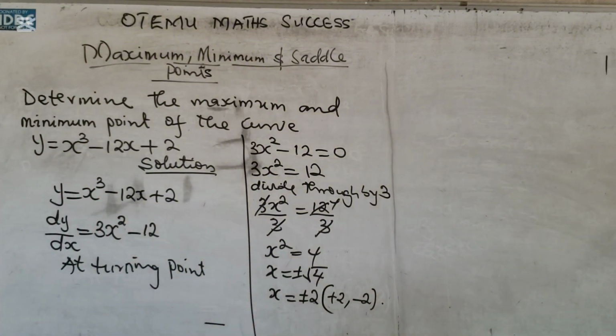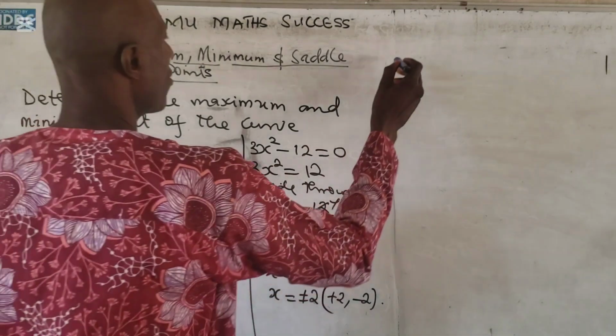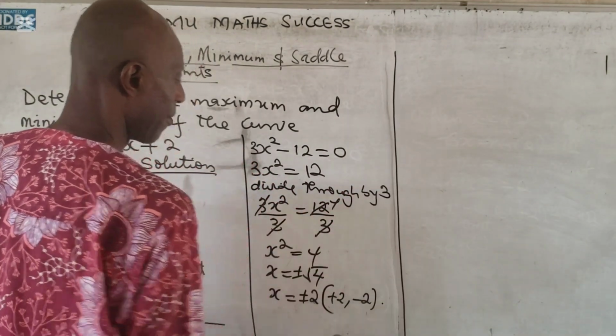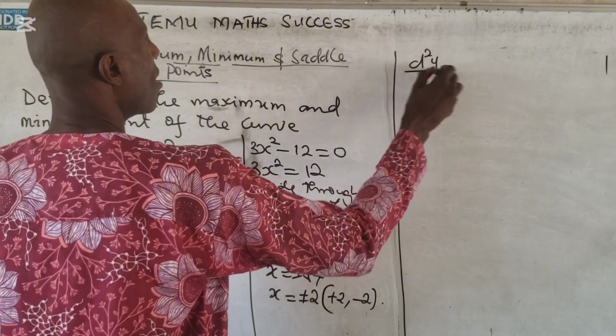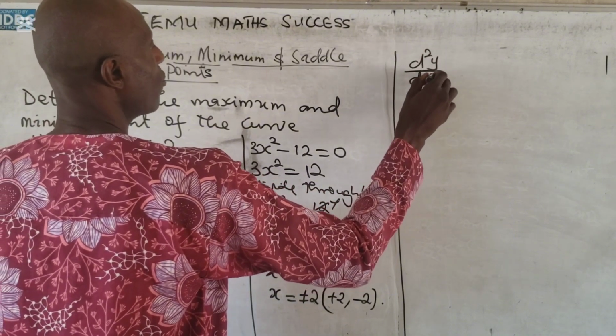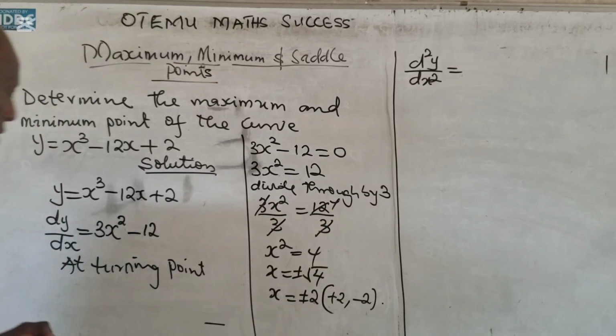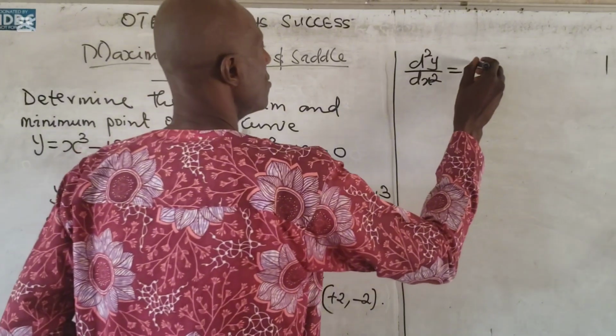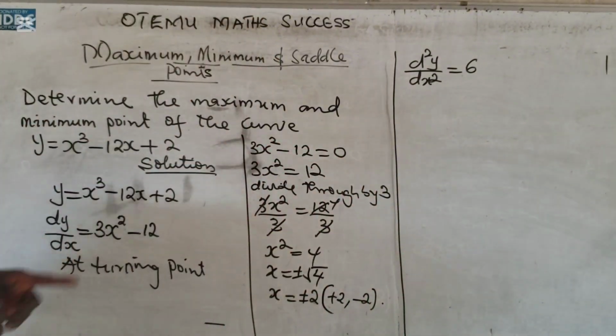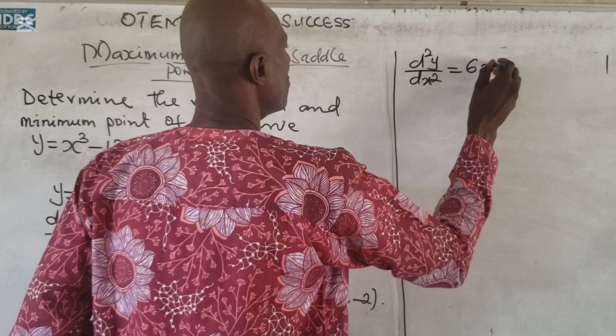So having gotten that, I will store that information. Let us find the second derivative from the first derivative, which is d squared y over dx squared. When you differentiate this now, this times 3 gives us 6, 2 minus 1 gives us 1, so we have 6x.